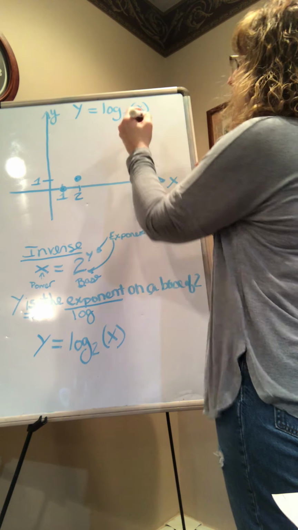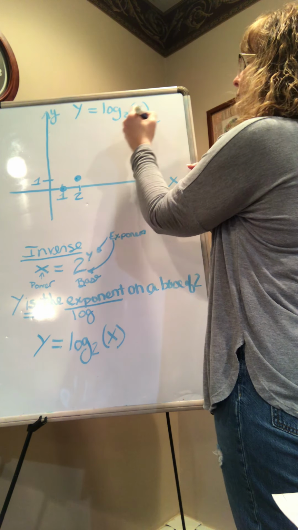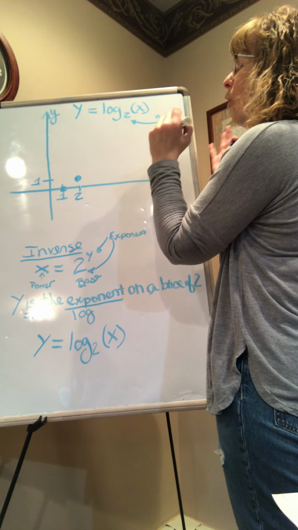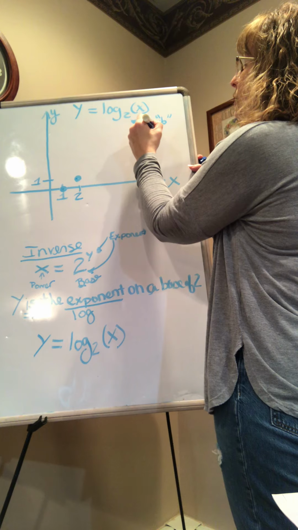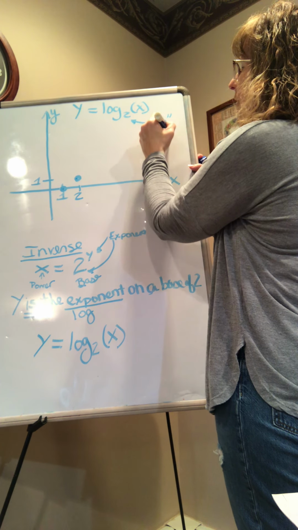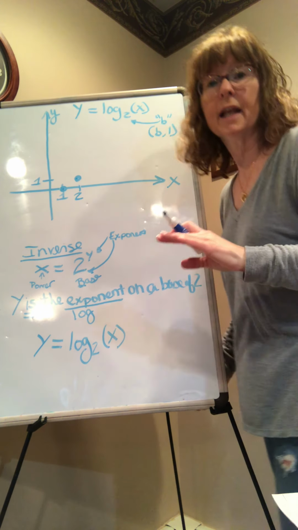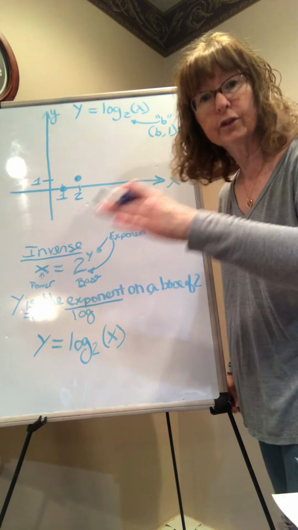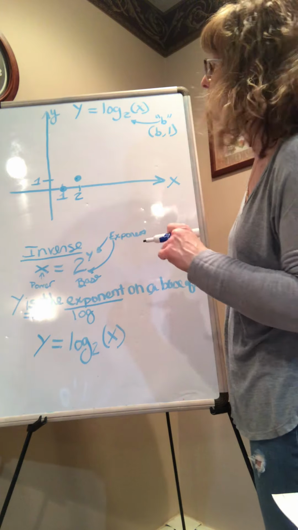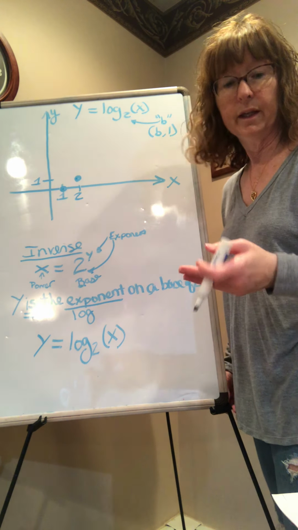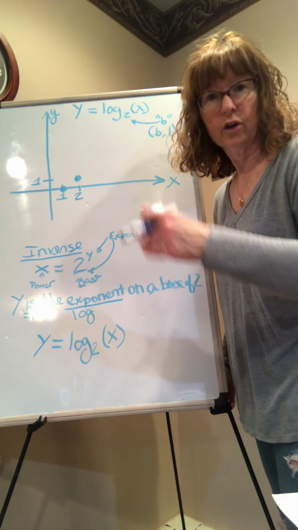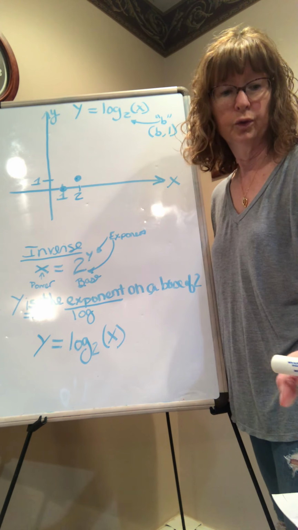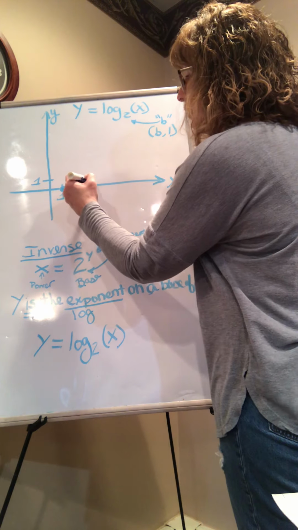Also, I told you that whatever the base is, if this is your B for base, you will always on a log graph go through the base and the number 1. So if your base was 7, you'd go through 7, 1. If it was 5, you'd go through 5, 1. You always go through the base and 1. And now if we keep flipping the points on the table from above, where you have on your 2 to the x table 2, 4, we're now going to go through 4, 2.